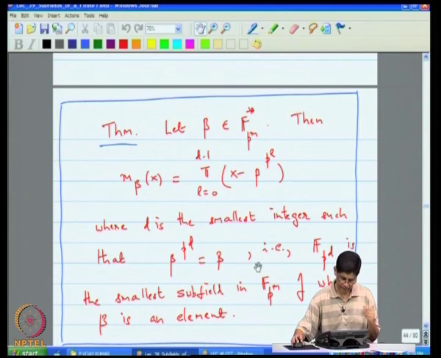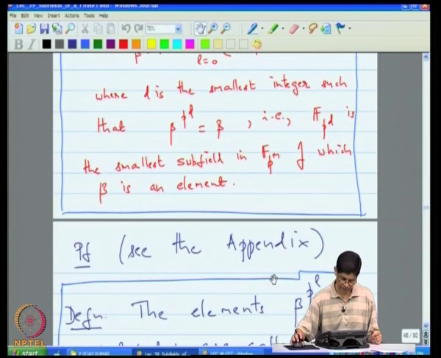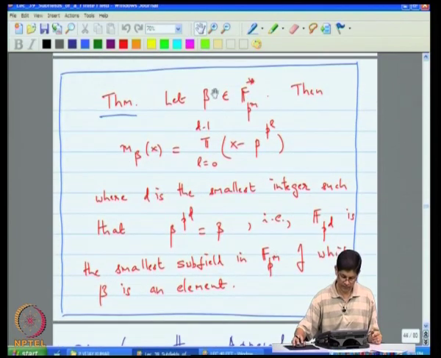Then there is a theorem, and we will not actually prove it here, which says that the minimal polynomial of an element beta is precisely the product of all linear factors of the form x minus beta to the p to the L, where L goes from 0 to d minus 1.